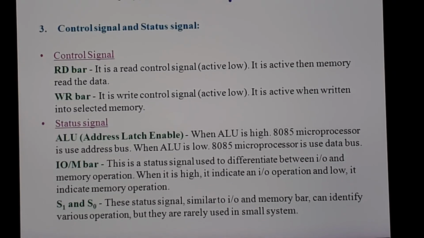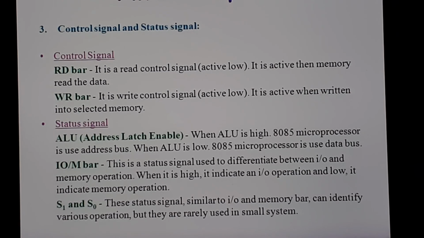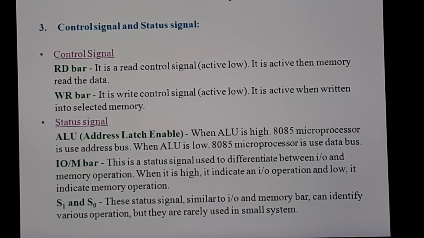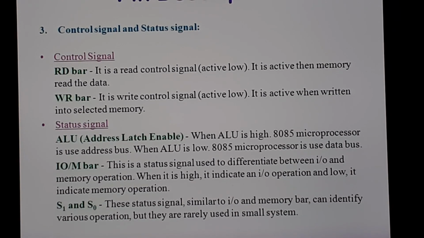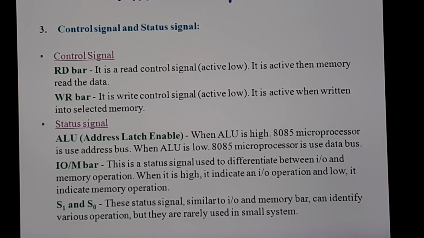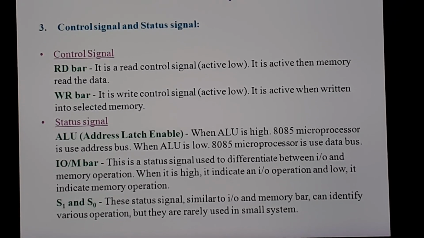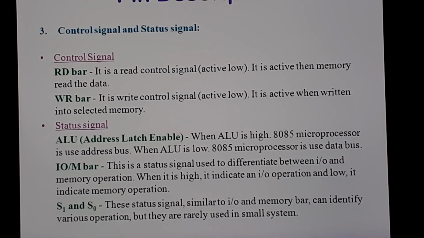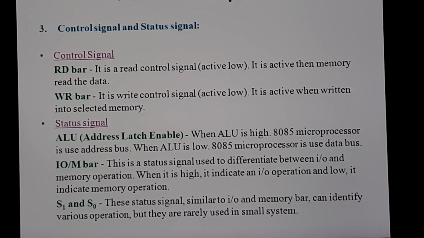Whenever you see a bar on a signal, you say that it is active low. Low means 0. This signal indicates that the selected input output or memory device is to be read and the data is available on the data bus. So it will only read the data from either the memory or the input output device.